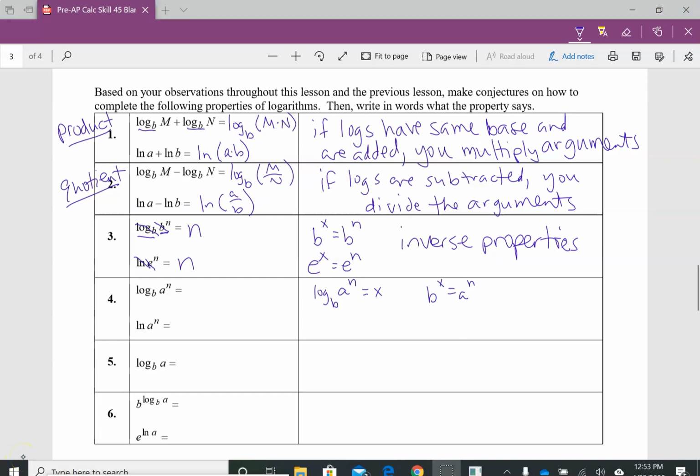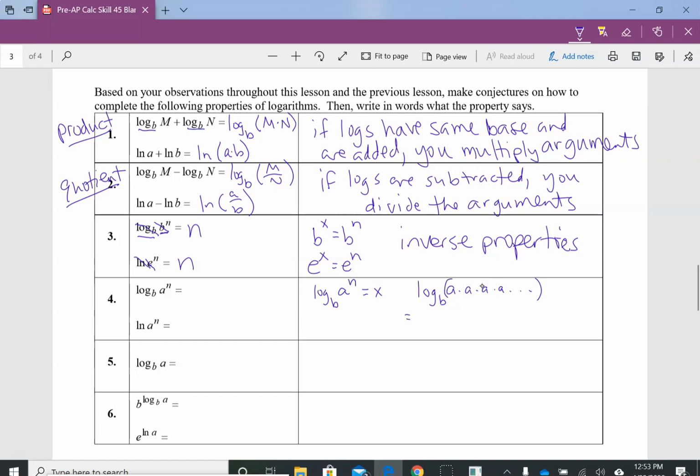So let's think of another way to approach this. We're going to think of a to the n as a times a times a times a, right? So we have log base b of a times a times a, a bunch of different times.